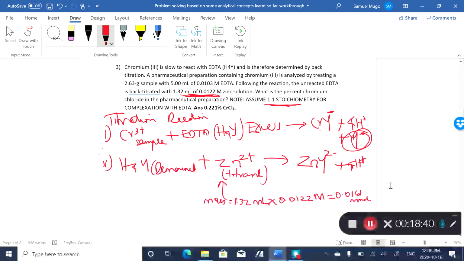But you can see it's a 1-to-1 stoichiometry, and as such, the number of moles of the EDTA that remained is going to be exactly the same, right? Because it's a 1-to-1 stoichiometry. So this is also 0.016 millimoles.